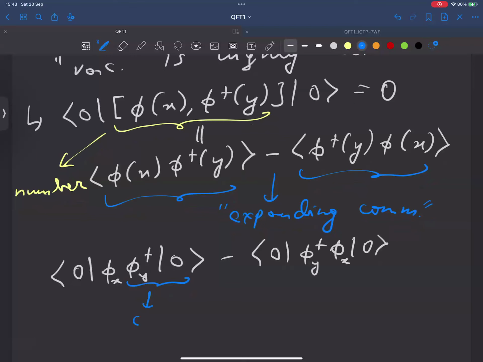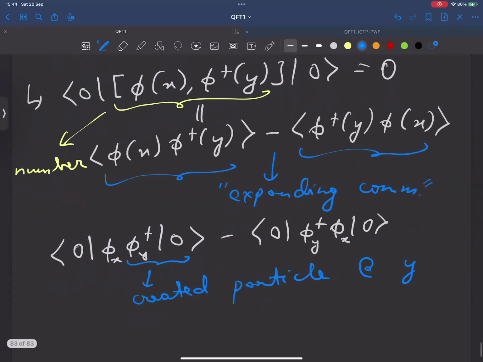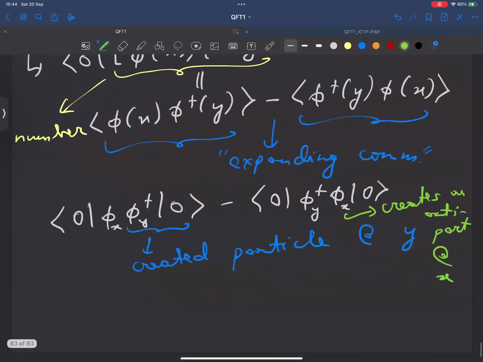Phi dagger, when it acts on the vacuum, we know that it created a particle at y, and phi at x creates an antiparticle at x.